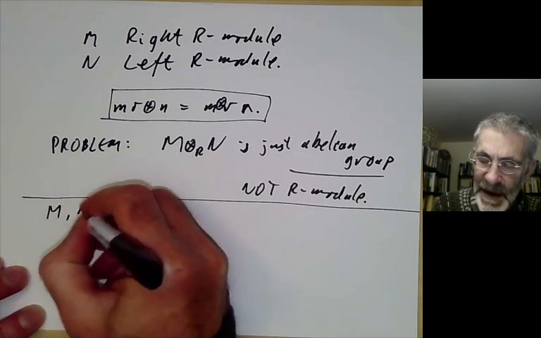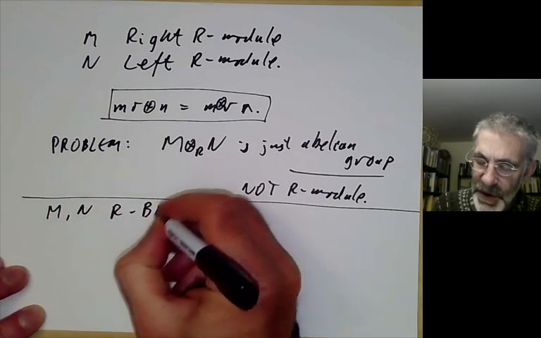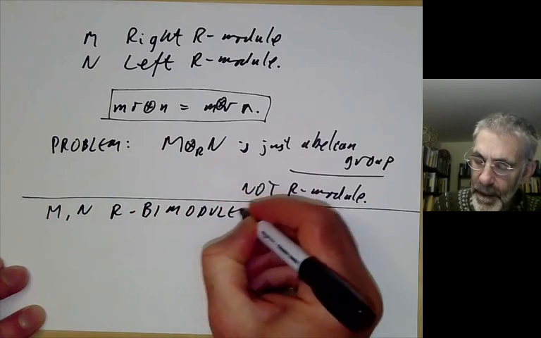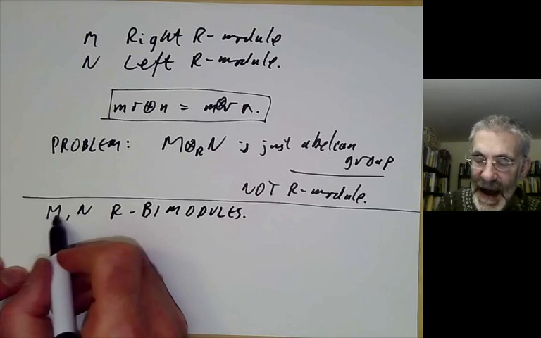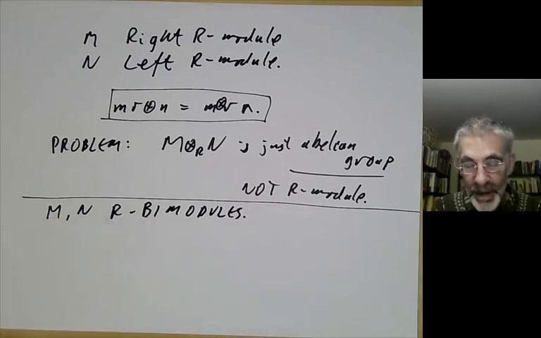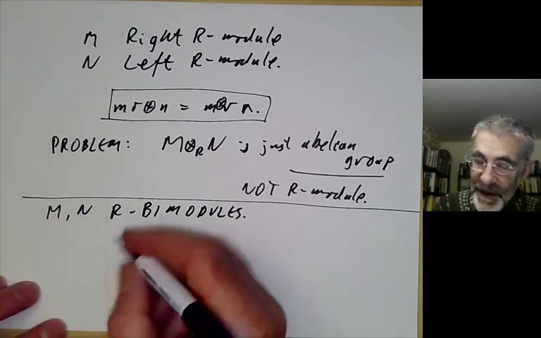If we take M and N to be R bimodules, what this means is you can multiply M on the left and on the right by the ring R, and then everything works out fine.